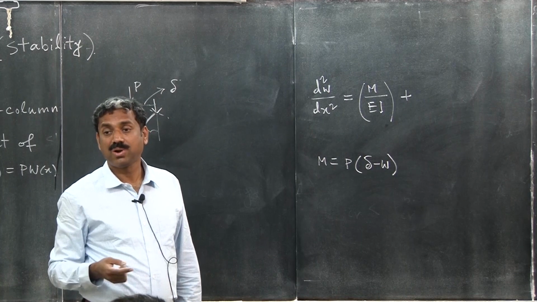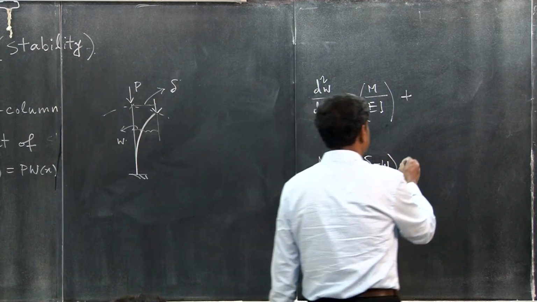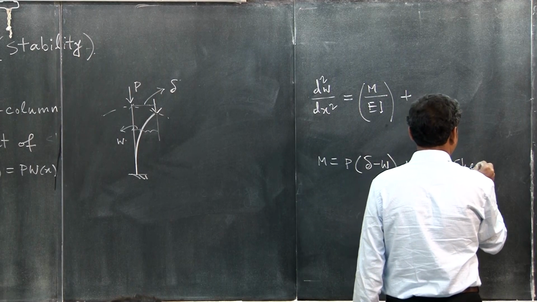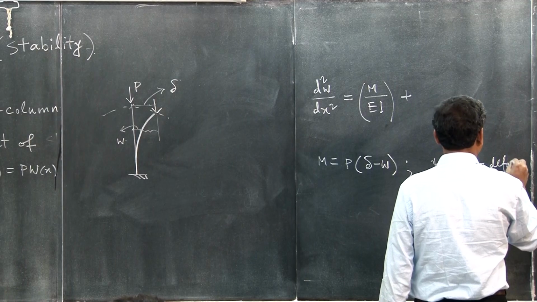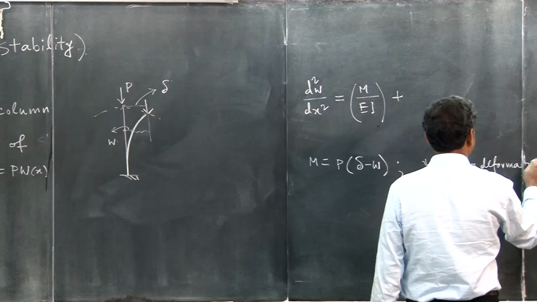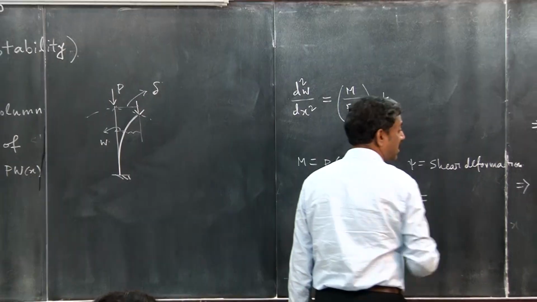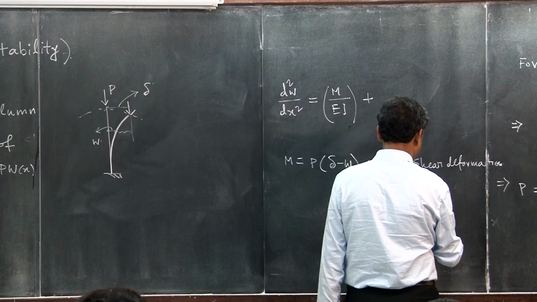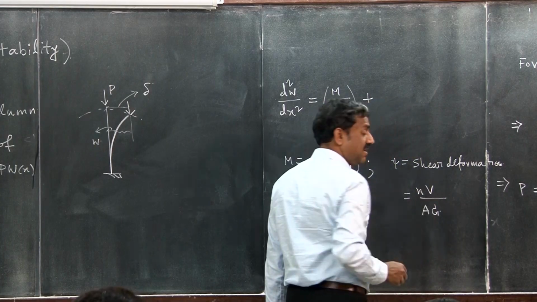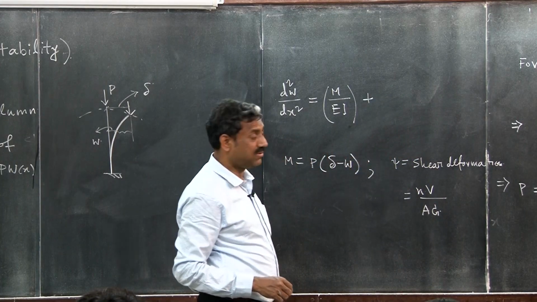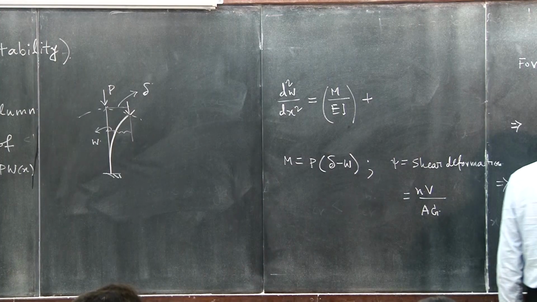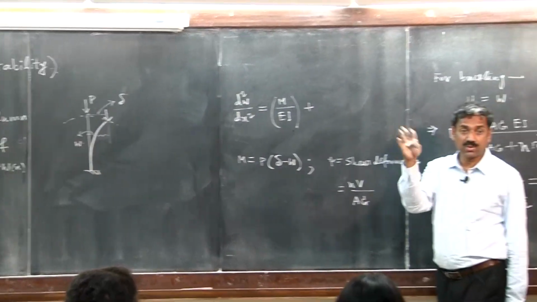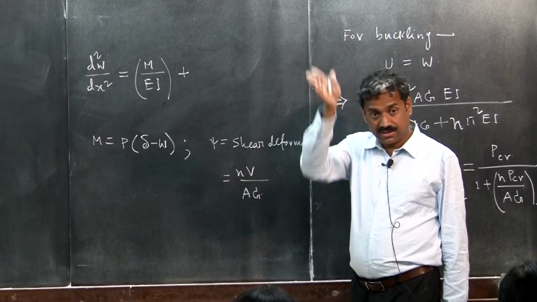So, what is the shear deformation? Shear deformation is psi, and let us assume that first order shear deformation is valid. The shear deformation is nothing but V by Ag, with the factor N, of course. V by Ag is the additional rotation of the transverse normal.